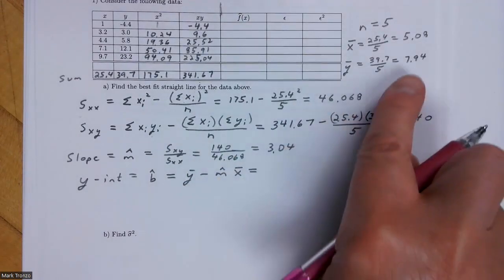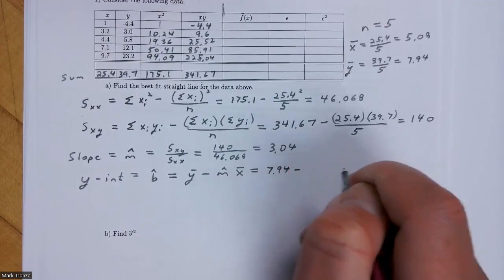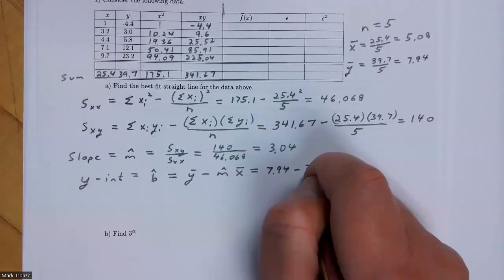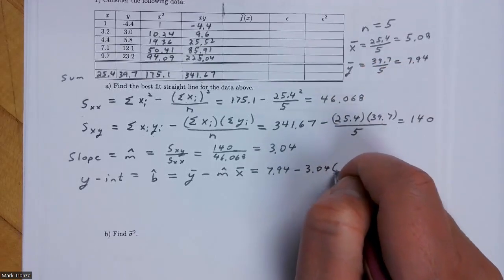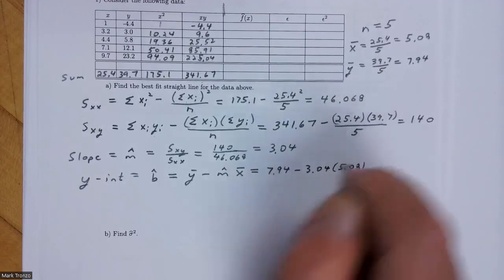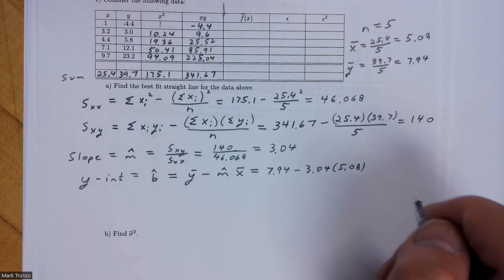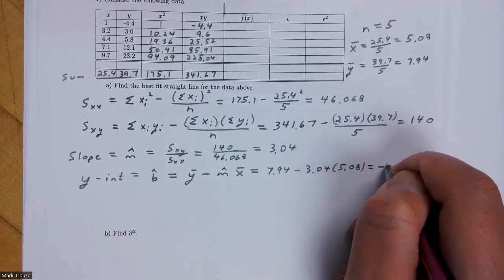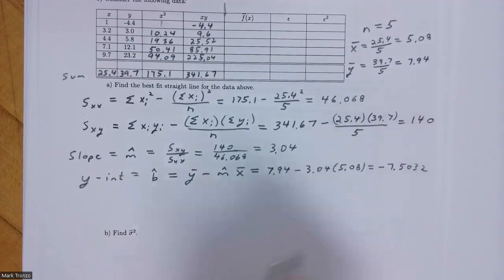And we calculated y bar up here, 7.94, minus m hat 3.04, times x bar 5.08, and put that in your calculator. This comes out to be about minus 7.5032.